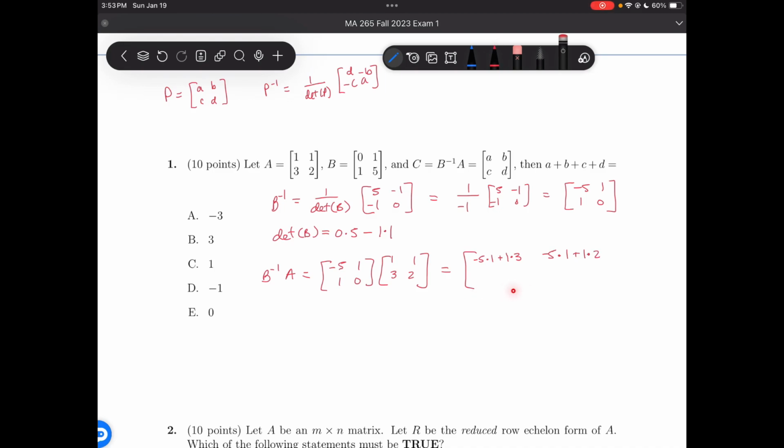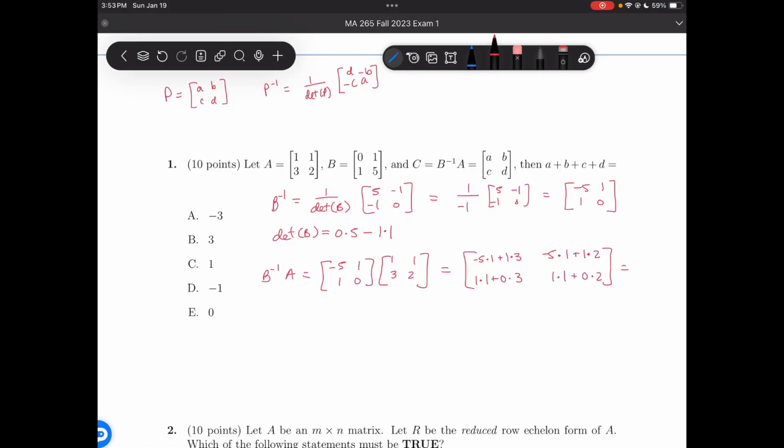The entry in the second row, first column, that's the dot product of the second row and the first column, so that would be 1 times 1 plus 0 times 3. And for our last entry, we take the dot product of the second row, second column. That is 1 times 1 plus 0 times 2.